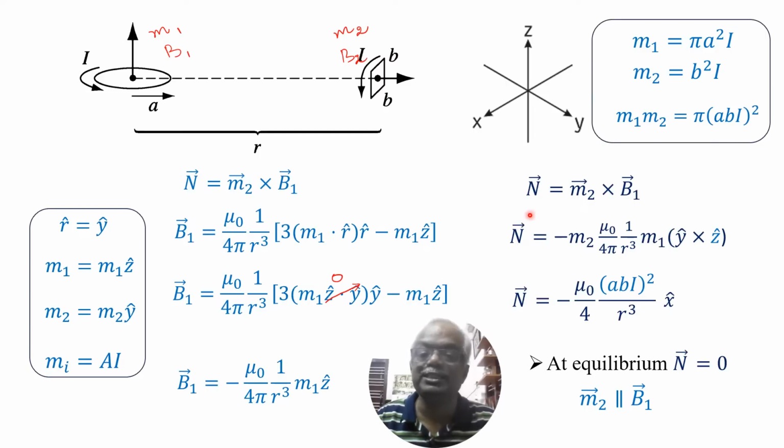Now, what is the torque? By definition, the torque is m2 cross product B1. m2 is along the y direction.